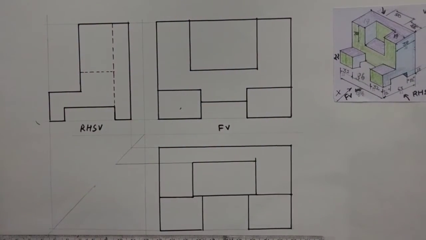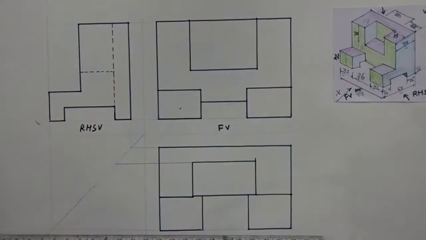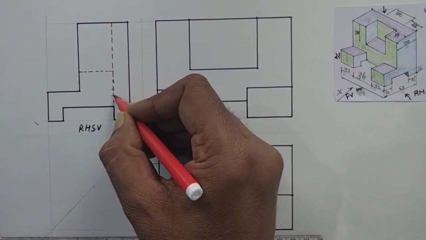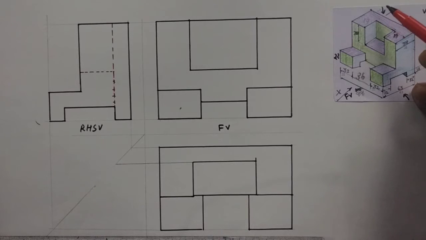So you can remove this one, you can cancel this one. Sorry, this one is cancelled. Then after, in top view, if you go to the top view, this channel is not visible at its entire length.